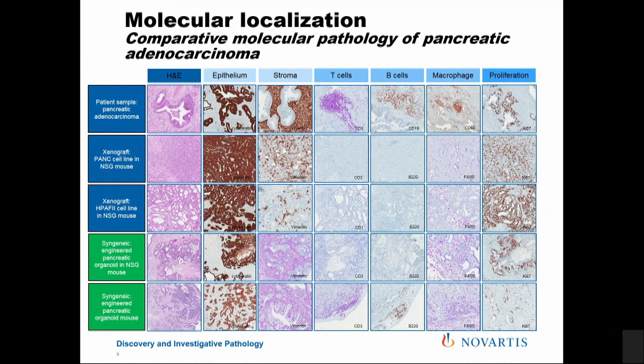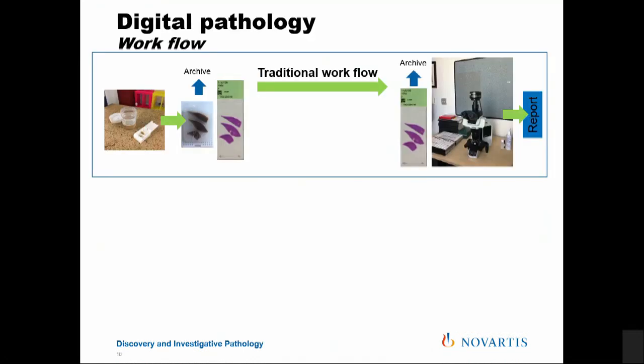Macrophage activation is similar, and the overall proliferative rate is more similar to what we see in pancreatic adenocarcinoma. And this is not to say that the xenograft models don't have their utility, but we need to understand how differences in morphology may impact the relevance of the disease in modeling human cancer.